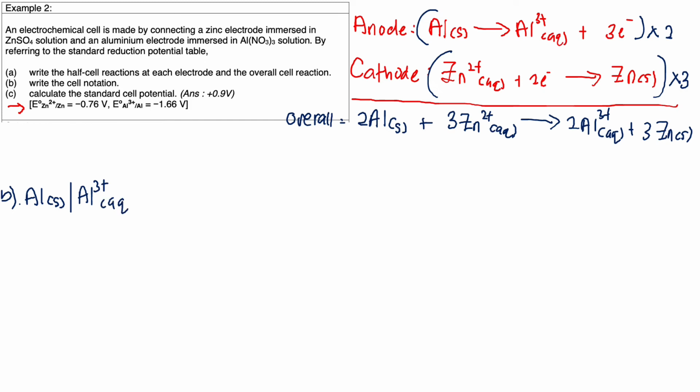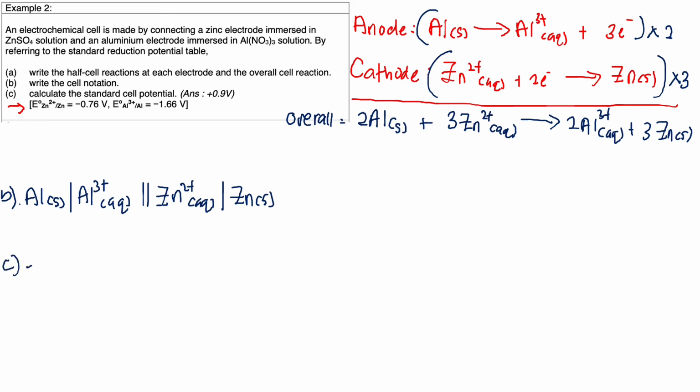No need to put the stoichiometry. Salt bridge, and then the cathode: zinc 2 plus aqueous, separate, zinc solid. There you go. So this is our cell notation.